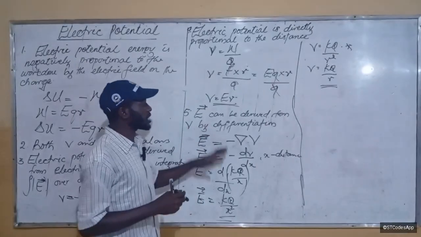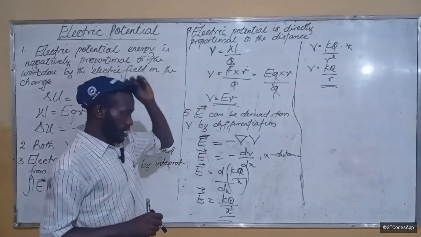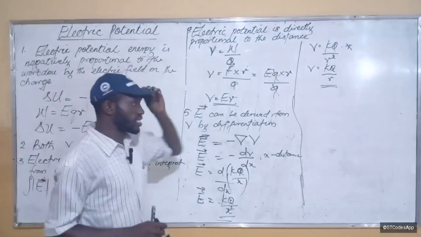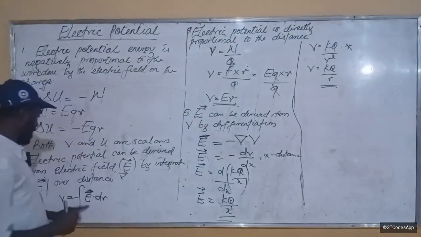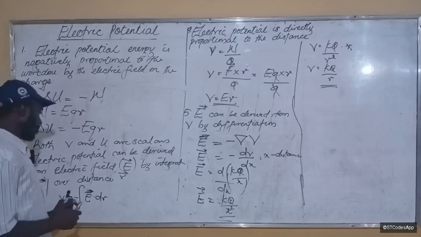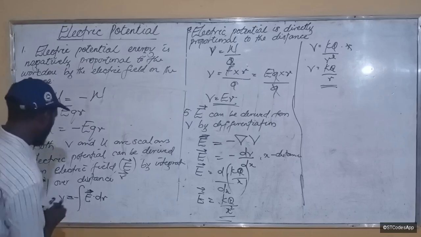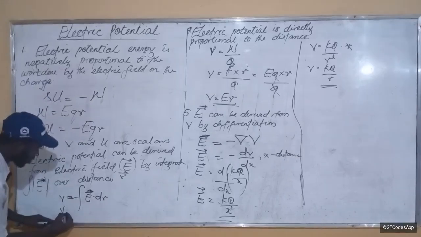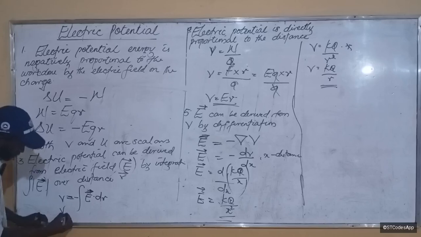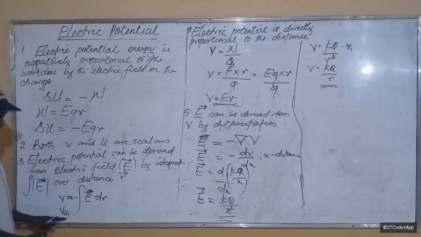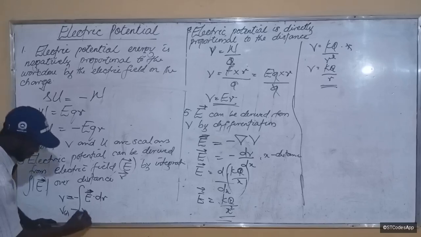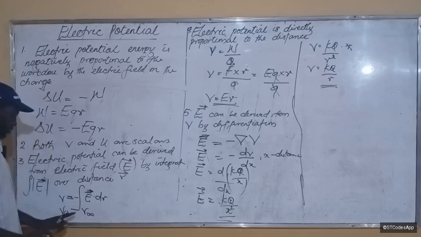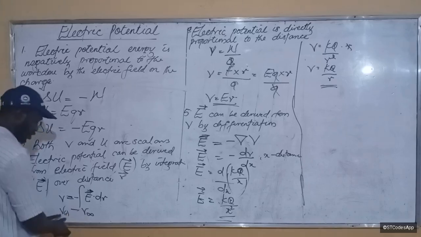Now, you see, if we bring this here, it is for when we move from infinity, as I showed you. So this is the electric potential when we move from infinity to a particular distance, to this point.